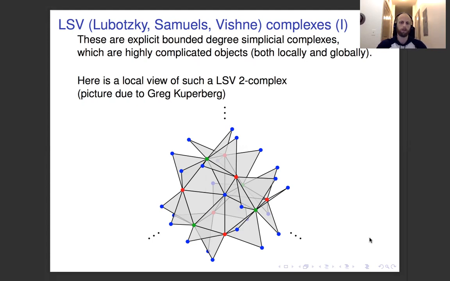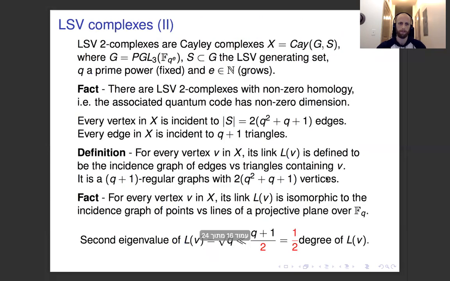They are highly complicated globally, but even locally, it's not recommended to try and draw them on a piece of paper or even to imagine them in your head.